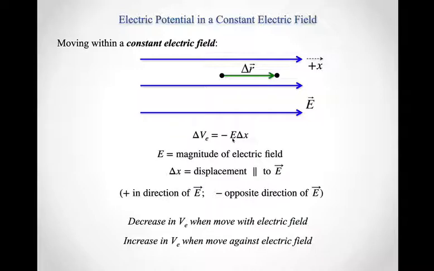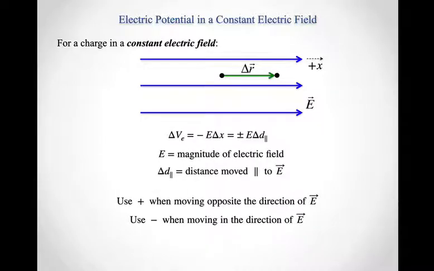If E is always positive, if you make delta X positive, that negative sign says you're going to get a decrease in the electric potential moving with the field. If you make delta X negative, the negatives will cancel and you get an increase in the electric potential moving against the electric field.